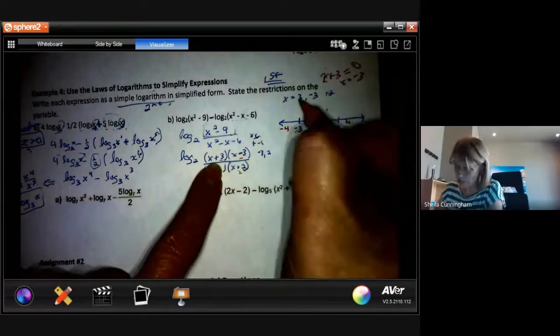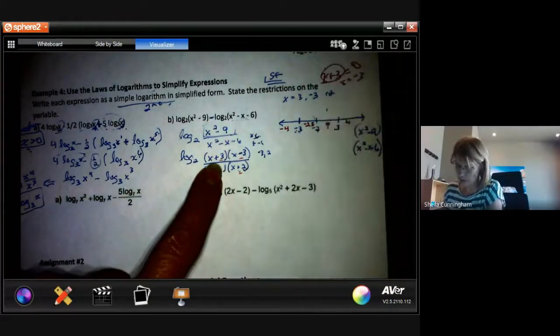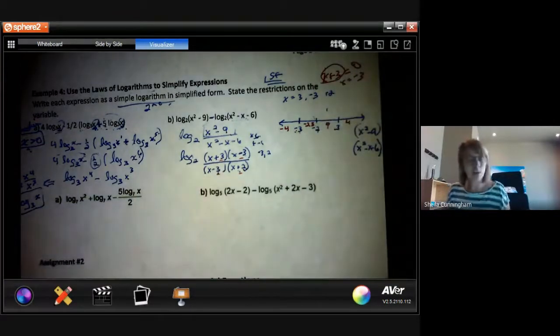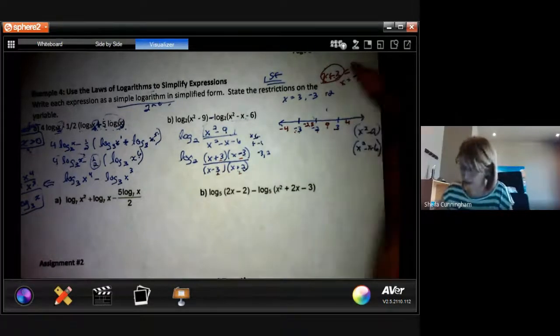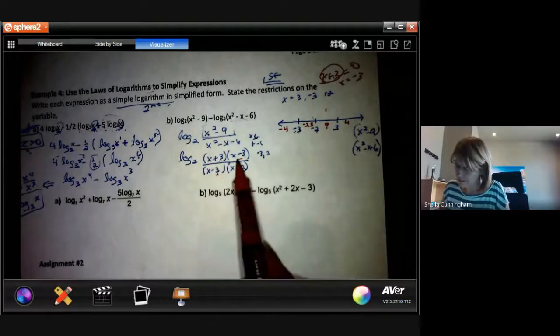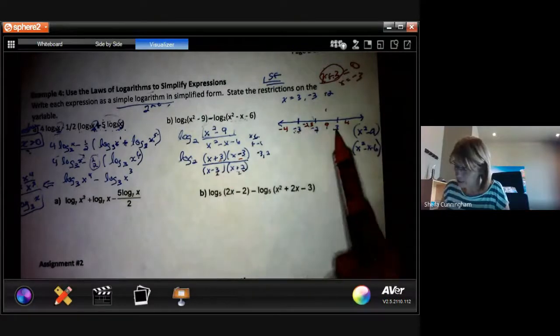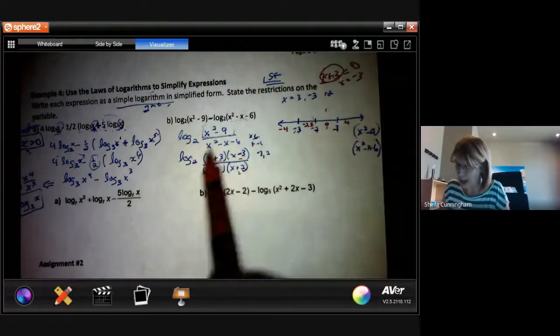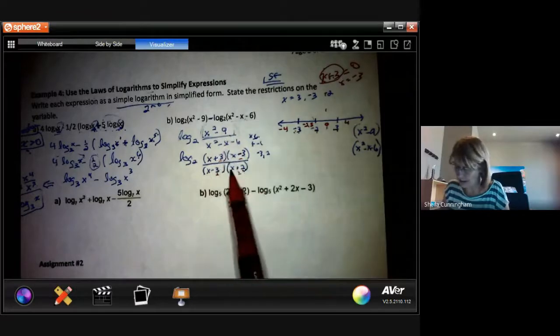So that's where my -3 came from, from this particular root. Kind of like when we were doing those polynomial graphs. That's been a while, but when we did the polynomial graphs and you had to find all your x-intercepts, it was always the opposite sign of what we see. So that's where we find the -3, -2, and a +3. I had to do that factoring to find them.